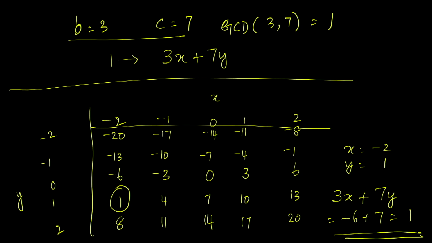So, how do we generalize this? We want to make the assertion for every pair of integers b and c. So, we have this pair of integers b and c. Let us define the set S as the set of all integers bx plus cy, where x and y are integers.